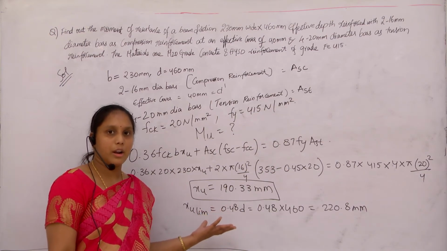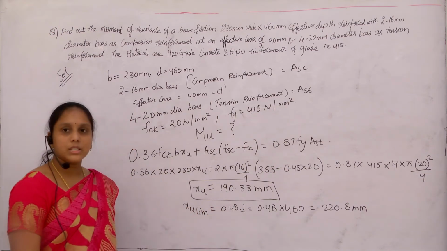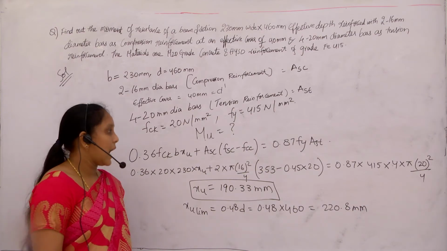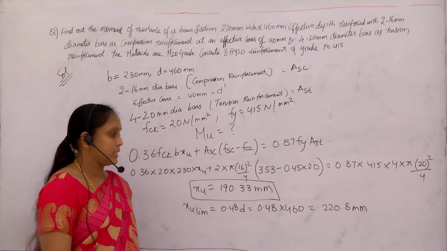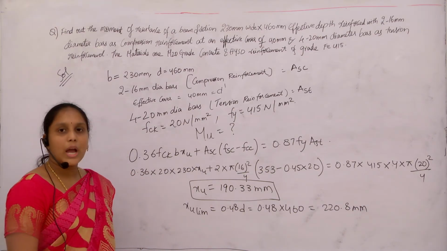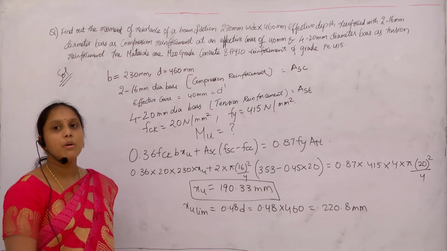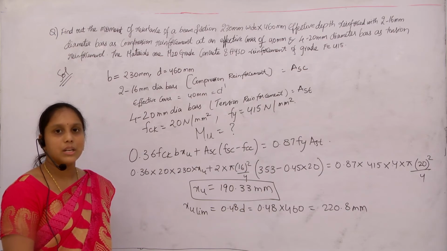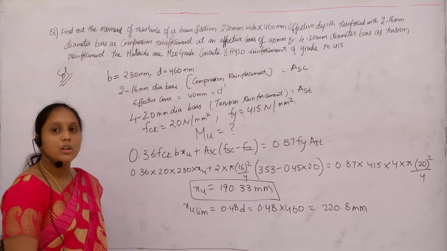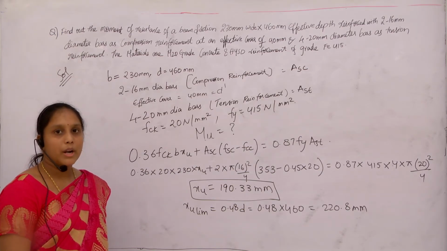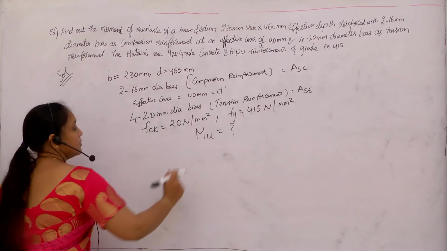So this is an under reinforced section. So what is the next step you have to do? We have to calculate the moment of resistance. Okay, so we are going to calculate MUC as well as MUT, and the minimum of both is considered as the moment of resistance. So now let us calculate the moment of resistance.